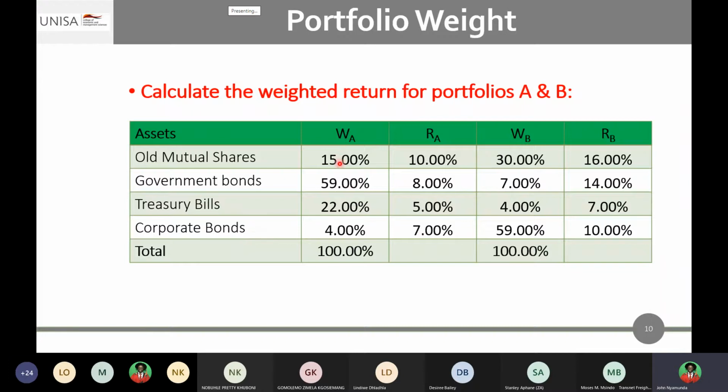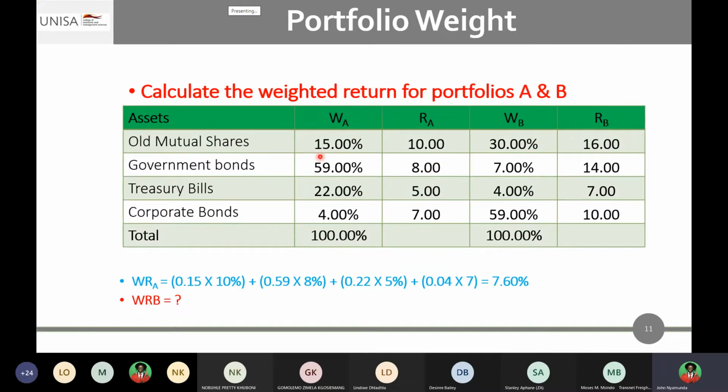But portfolio A is 15% Old Mutual shares, 59% government bonds, 22% treasury bills, 4% corporate bonds, and expected returns for Old Mutual 10%, government bonds 8%, treasury bills 5%, corporate bonds 7%. Okay, so what is the weighted return of portfolio A? That's what we are going to do in the next slide.